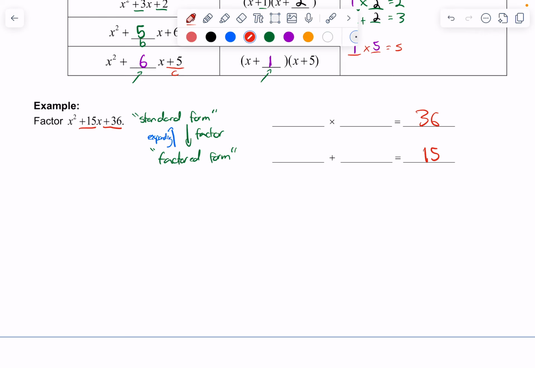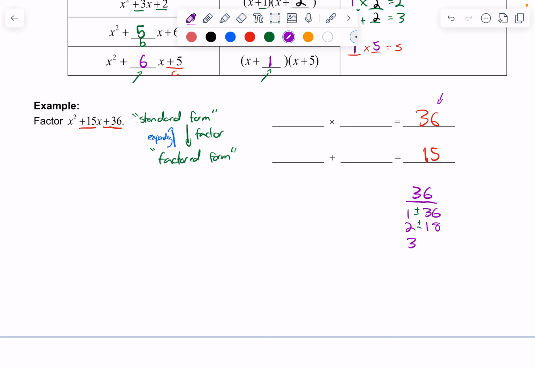So what is the thought process here? Well, you have to start by looking at what are the multiples of 36. So 36 has multiples of 1 and 36, and you just keep doing this until you get to a pair where, if you were to either add or subtract, it would give you a value of 15. So just keep going with them.